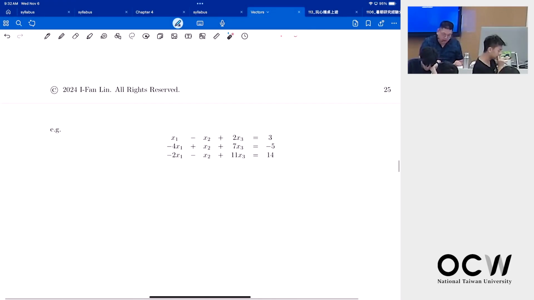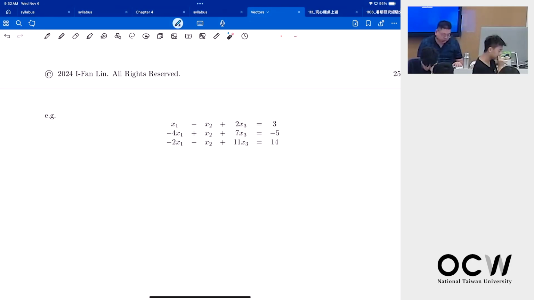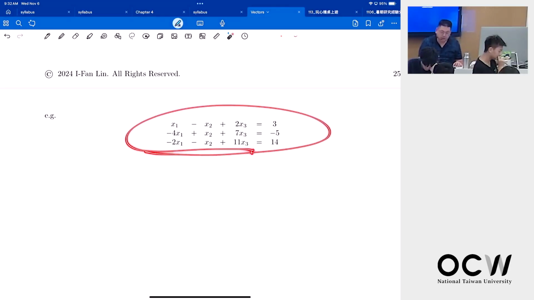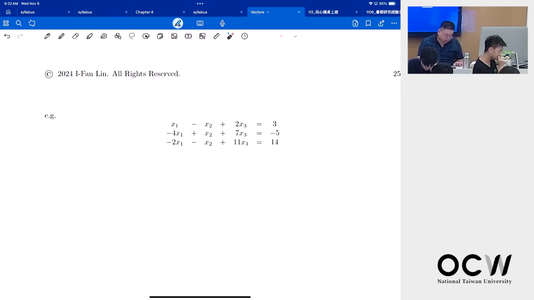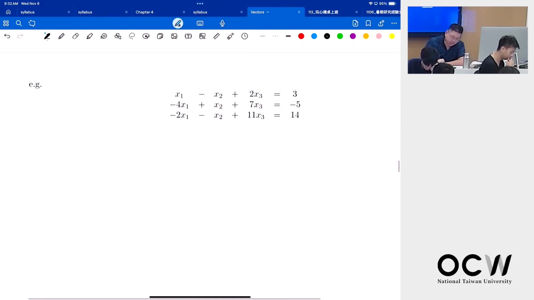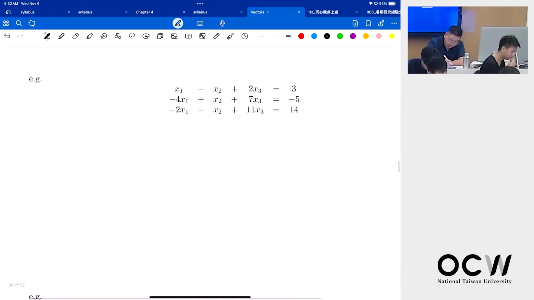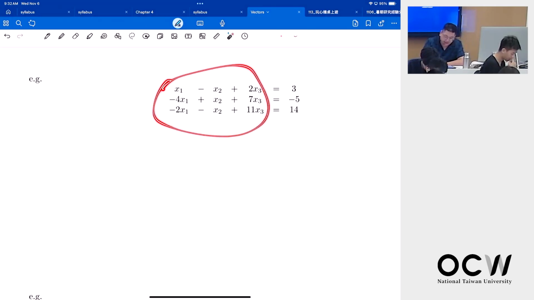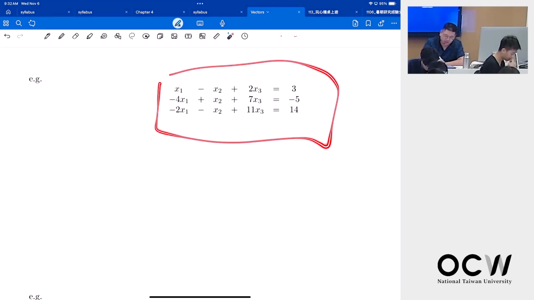Okay, I want to know if we have a solution for this system or not. To check if I have a solution or not, we need to check the rank. What is the rank for matrix A, and also for the augmented matrix A and B?